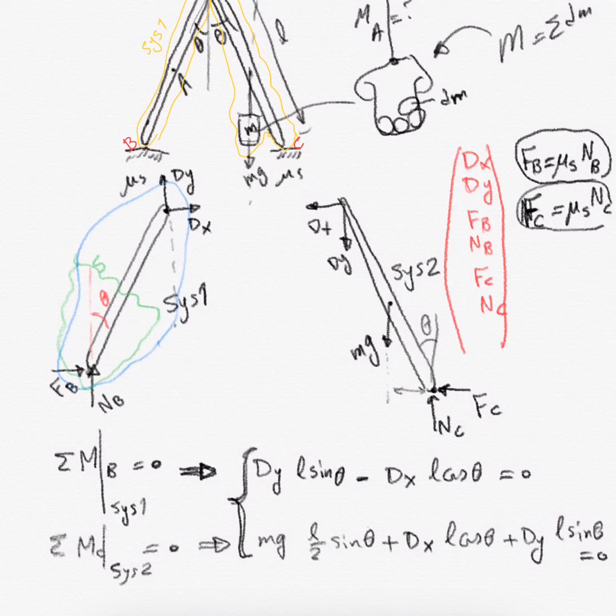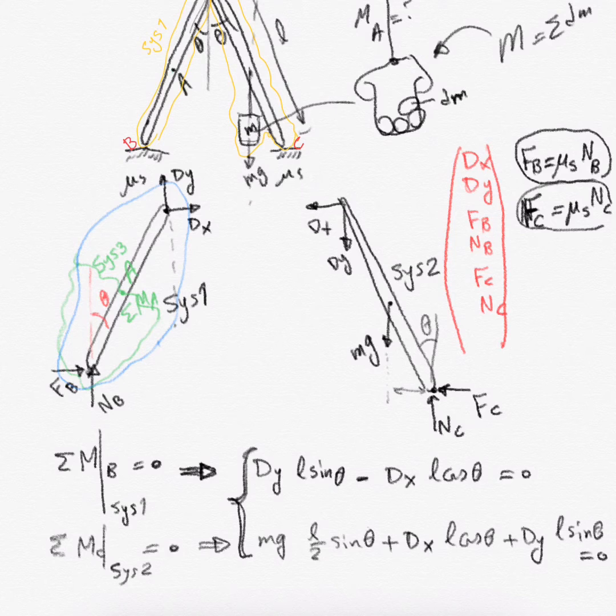This green system right here, system 3, is cut through A from the left. I know that at A, I have three components, MA, NA, VA. Then I can just write the summation of moment about A, and get the bending moment at A. So let's do that.